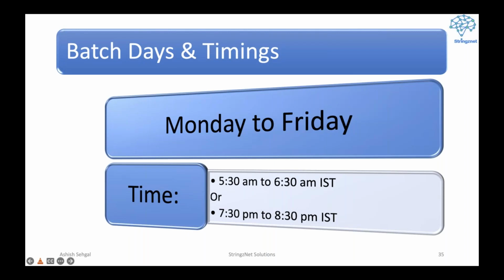Morning 5:30 a.m. to 6:30 a.m. is one batch. The batch we are in is 7:30 p.m. to 8:30 p.m. IST. When is this batch going to start? It is going to start very soon in April, say the second week. The first week is going on, so second week.